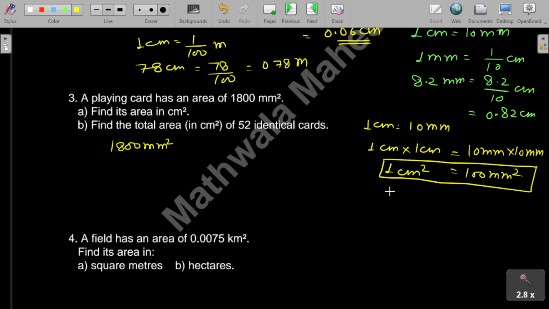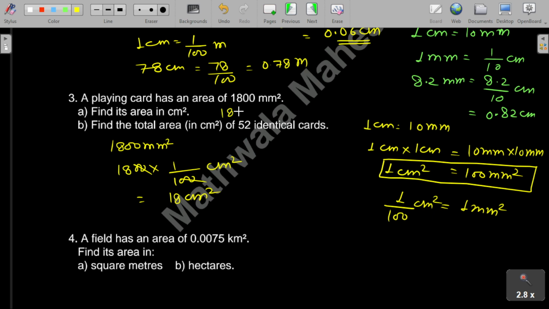So 1800 into 1 upon 100 centimeter square, which is 18 centimeter square. This is our correct answer.